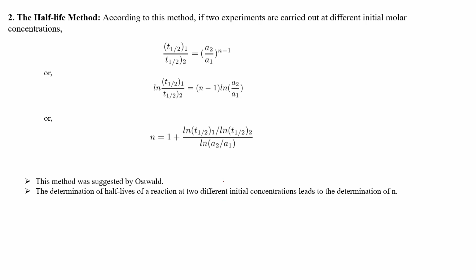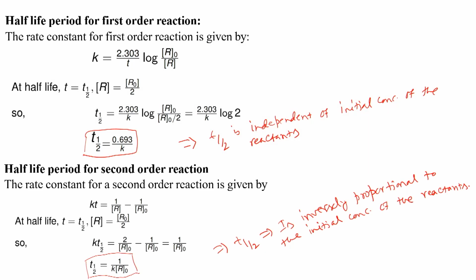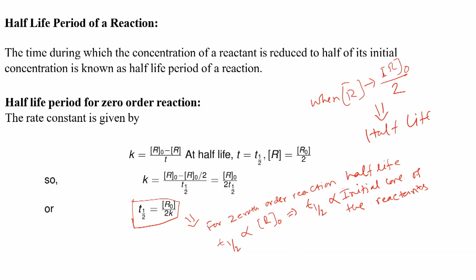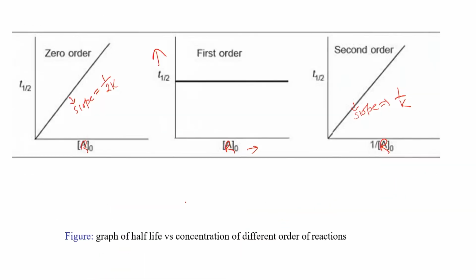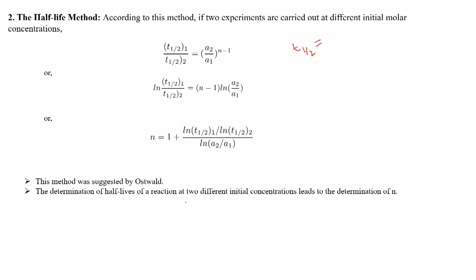Because here, if you see the value of T half for a 0th order reaction, if you go back and check, the value of T half is concentration R naught by 2K. So, this concentration term is there, divided by 2K.